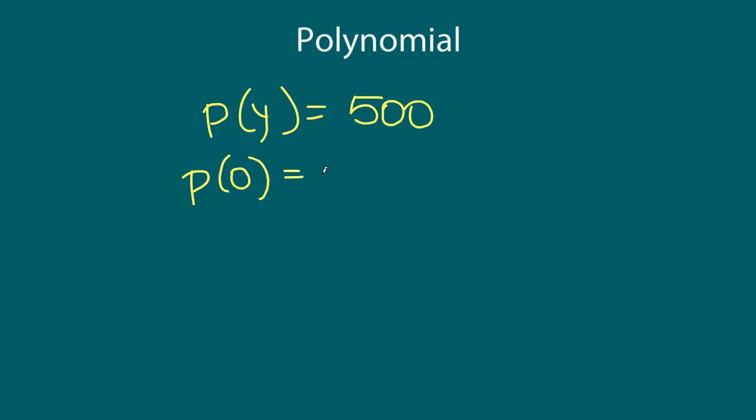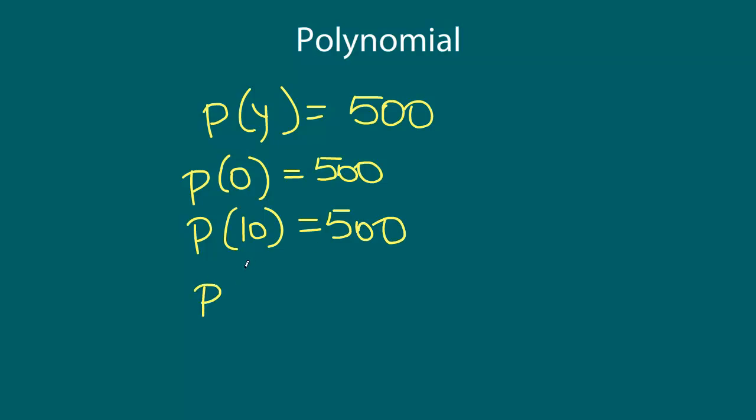So similarly, let's take one more example. Say we have p(y) equal to 500. If we want to do p of 0, that will be 500. If we want to do p of 10, that means y equal to 10, this will still be 500.